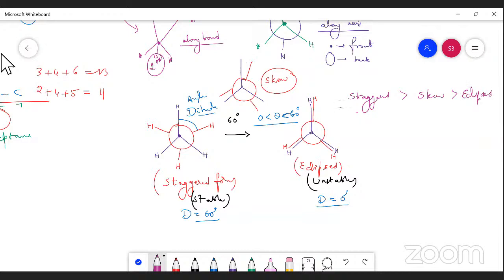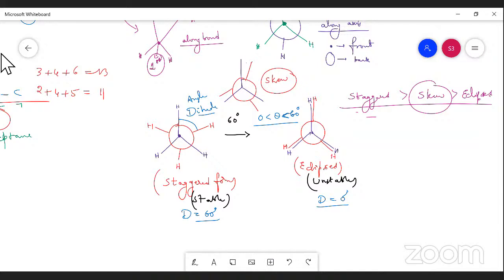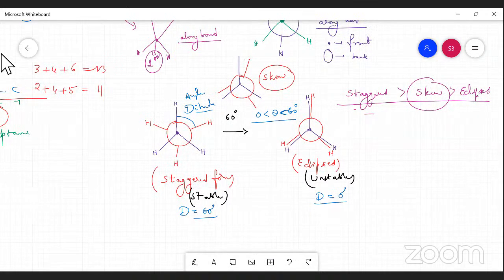Staggered is most stable because of less repulsions. Eclipsed is highly unstable because of more repulsions. The stability of the skew isomer is intermediate between eclipsed and staggered. So this is about conformational isomerism in ethane.